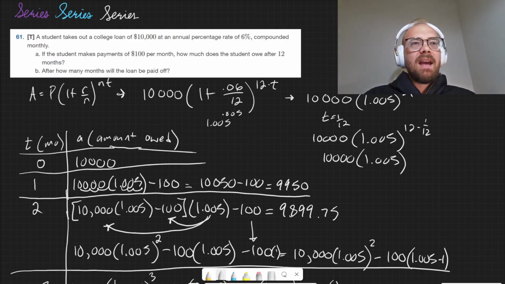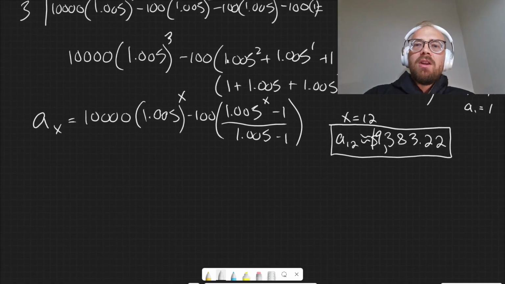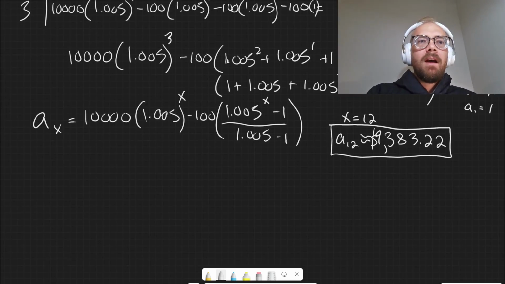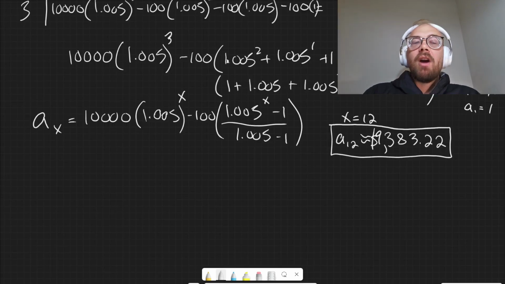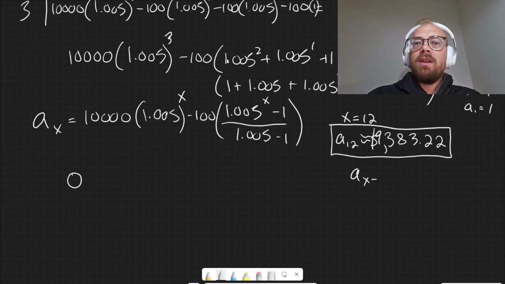So that is the first part, and that's A, right? So B, after how many months will the loan be paid off? Okay, so we know A12 is a certain amount, but we're looking for the AX such that it's paid off, which means it would be 0. We want to know what X value gives me 0.